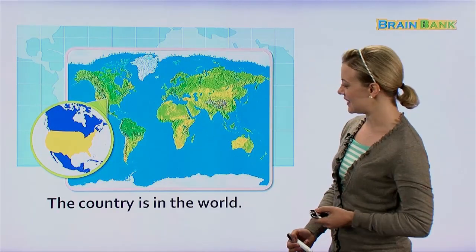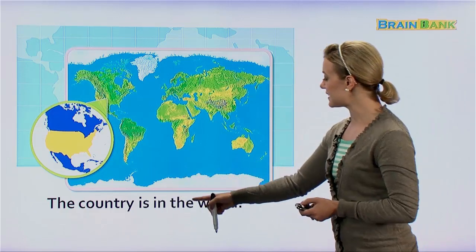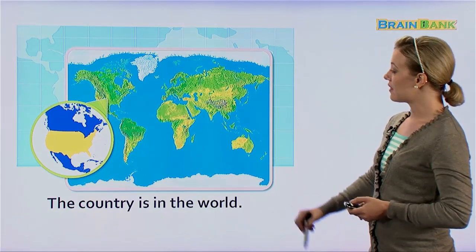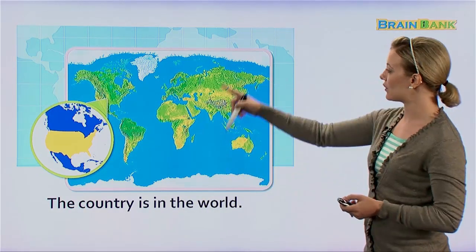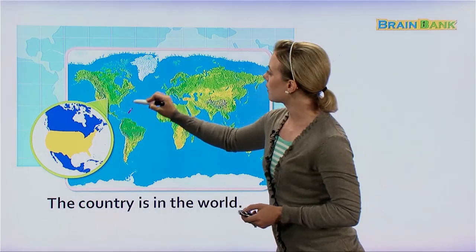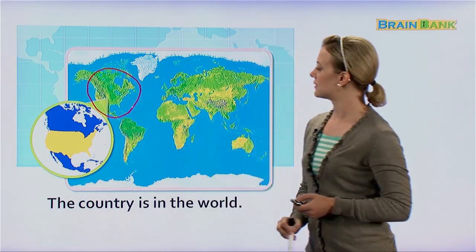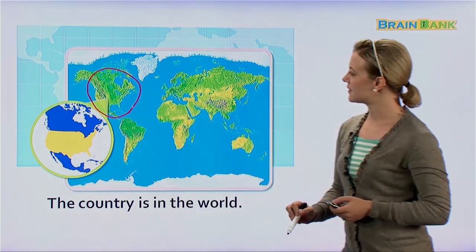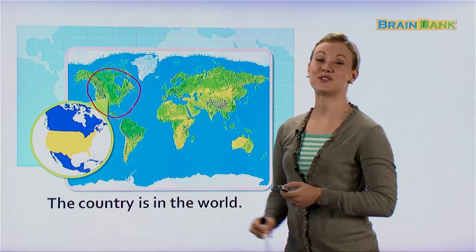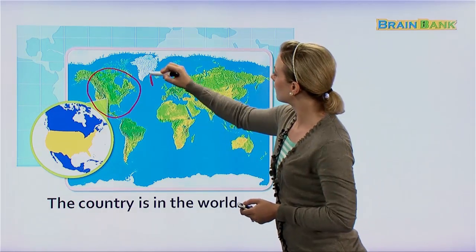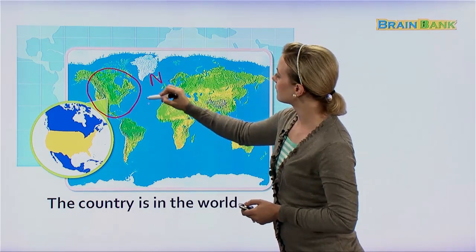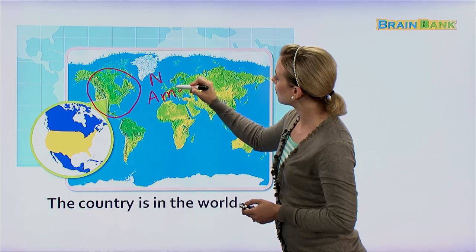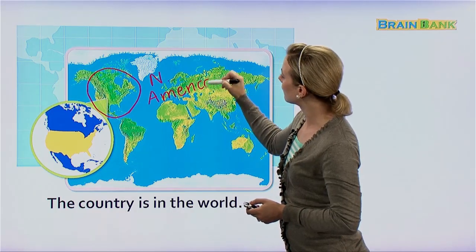Ah, I see. The country is in the world. The country is in the whole world. What do we call this continent? Does anyone know what continent this is? Yes, that is called North America. We can just do an N for North. North America.